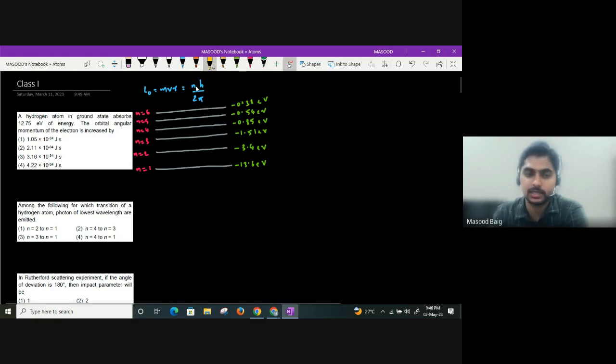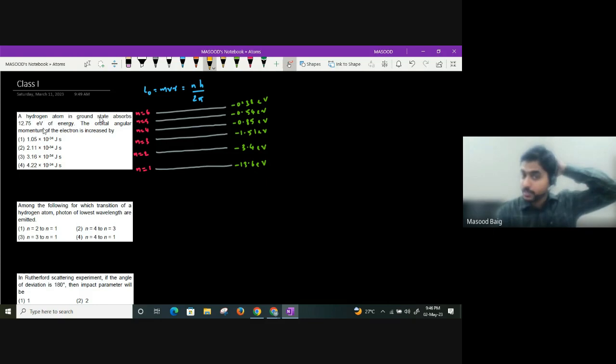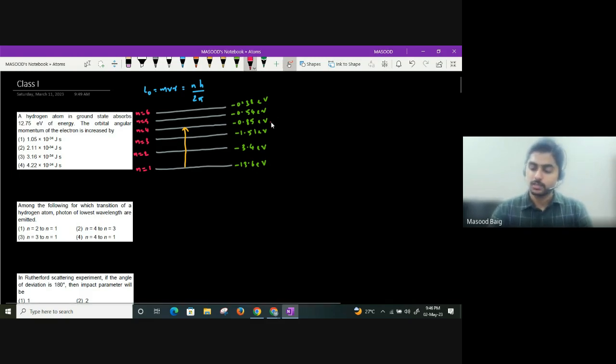Now they are saying that the electron has absorbed 12.75 electron volt from the ground state. It means automatically it is moving from ground state to the fourth state, right, guys? Because if you see the difference in the energy levels, final energy is minus 0.85, minus of initial energy, minus 13.6.